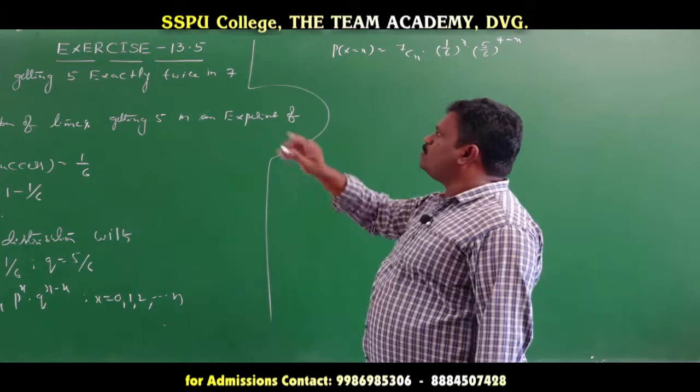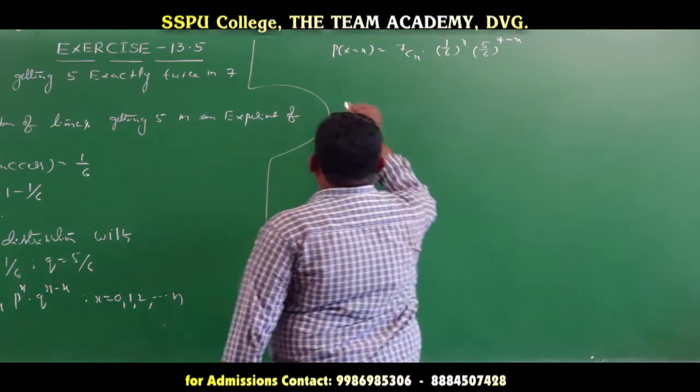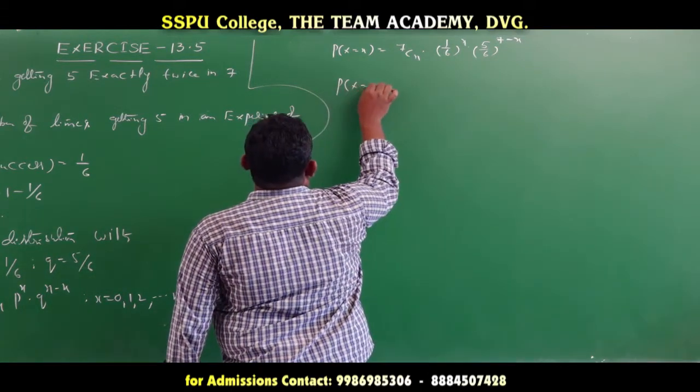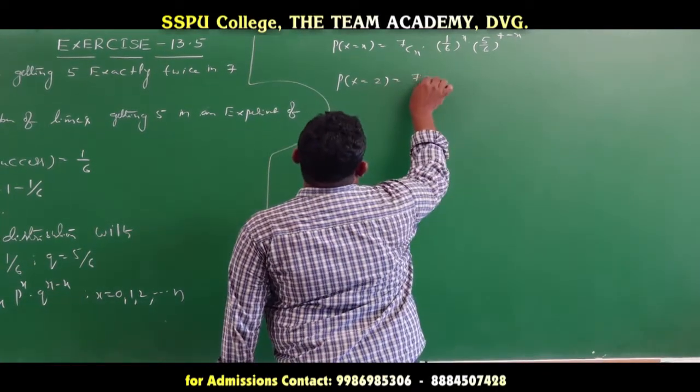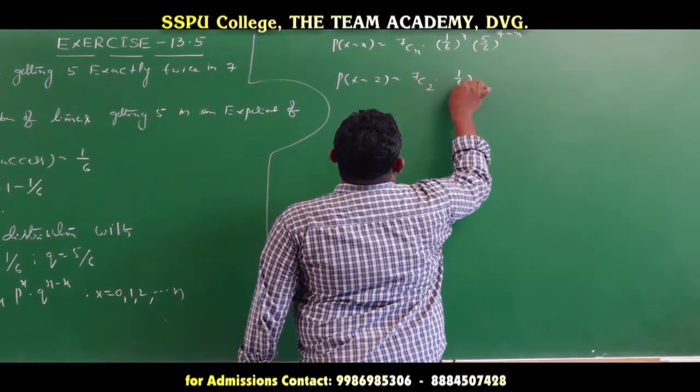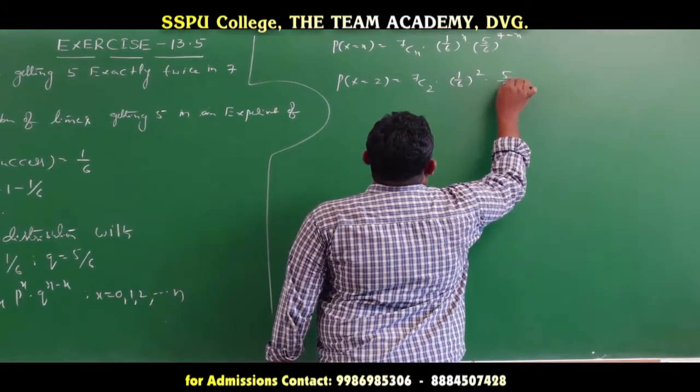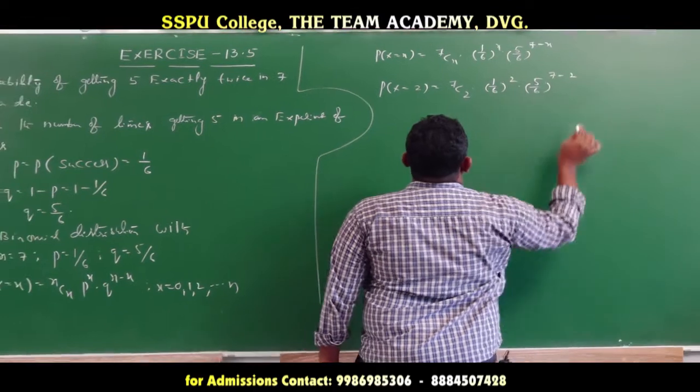Now exactly twice means the probability of x equal to 2, that is the required probability. Then 7C2 into 1 by 6 whole square into 5 by 6 whole power 7 minus 2, and 7 minus 2 means this value is 5.